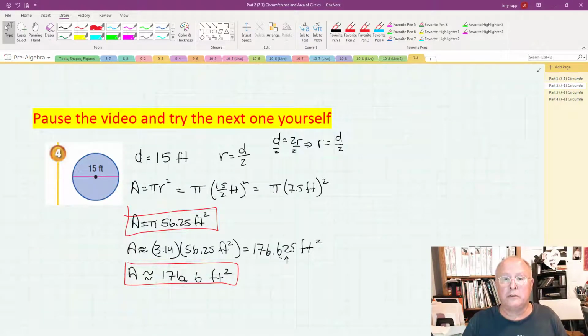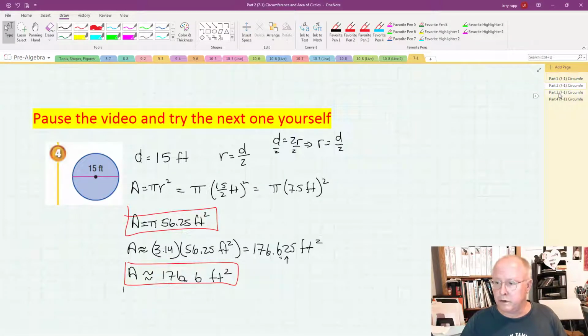They also told you to use 3.14. I've told you to use 3.14. So use 3.14, okay? If the answers are just a little bit different than the answer key, don't sweat it. But by a little bit different, I mean like a tenth or a hundredth, okay? Not like by 15 or 20. If you get answers that different, you've done something wrong.